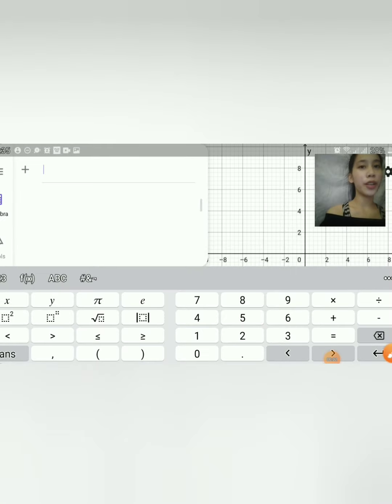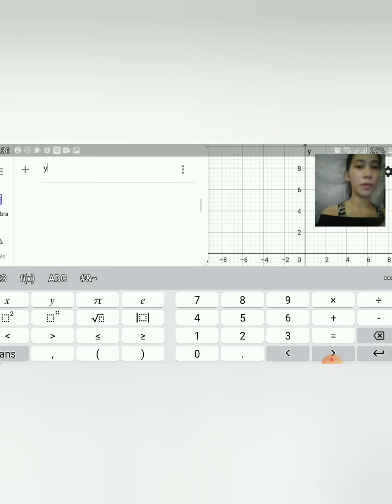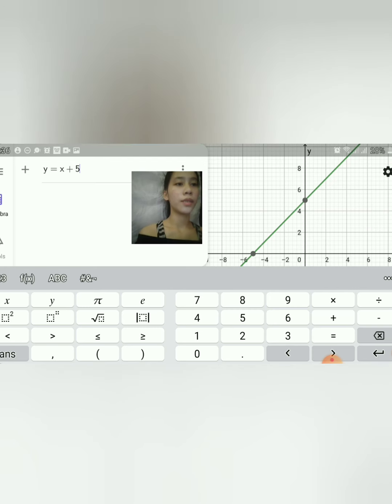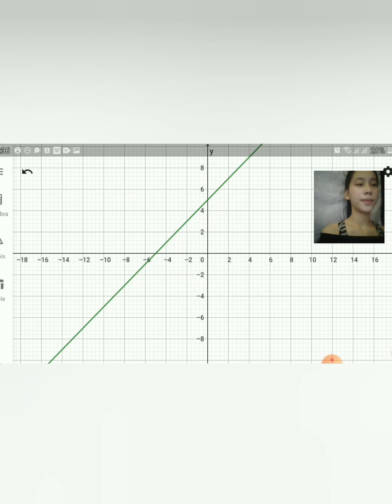So now, if we are going to graph an example of injective, for example, f(x), y equals x plus 1. So what did you observe? That is an injective function.